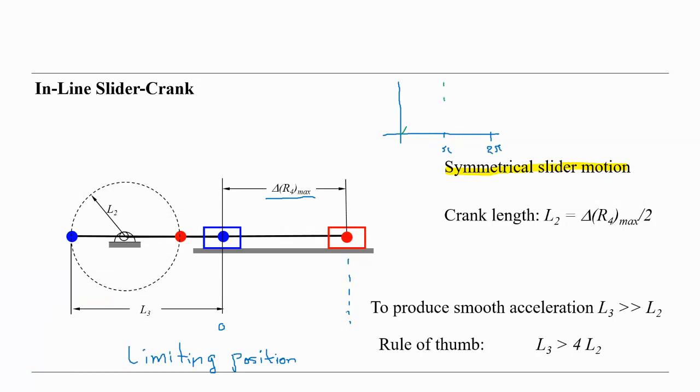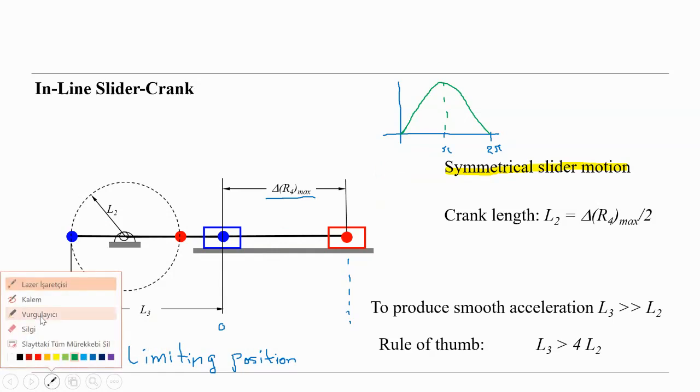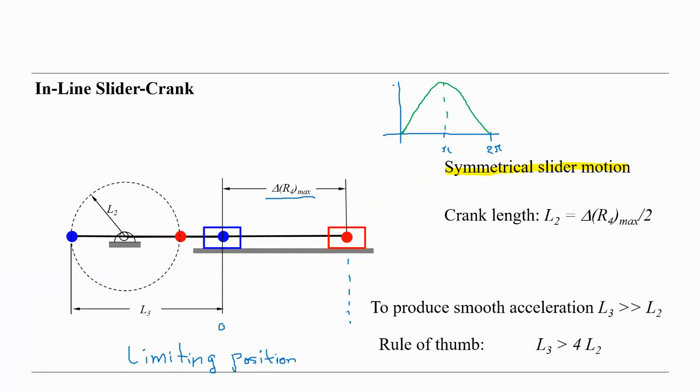Here we have maximums and go back. That means the slider will move from this position to this position, arrive at the maximum distance, and then come back for one full rotation of L2, the crank. And this is the stroke.